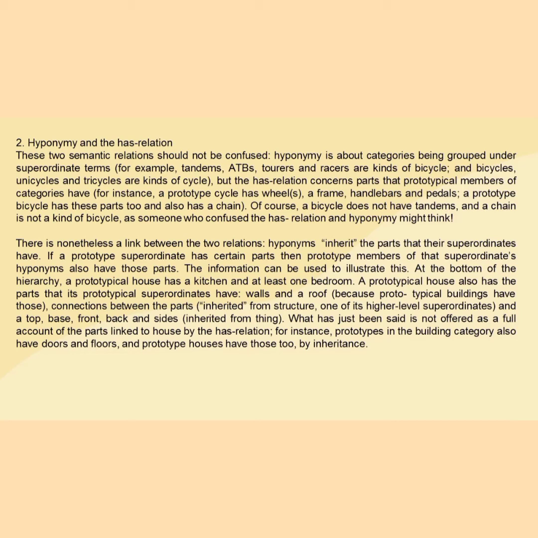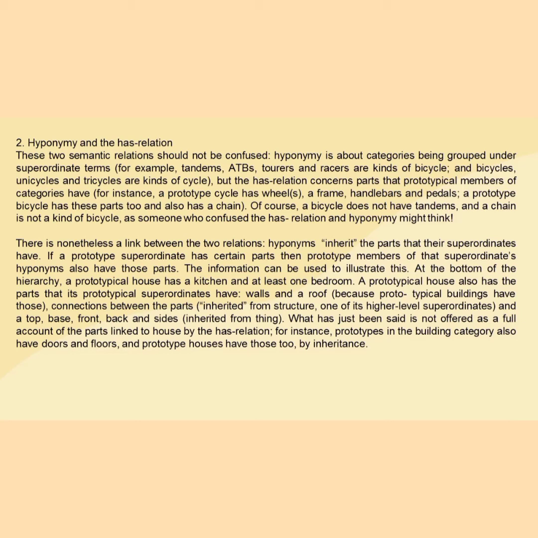There is nonetheless a link between the two relations. Hyponyms inherit the parts that their superordinates have. If a prototypical superordinate has certain parts, then prototypical members of its hyponyms also have those parts.